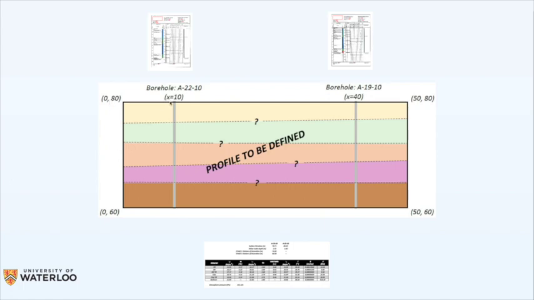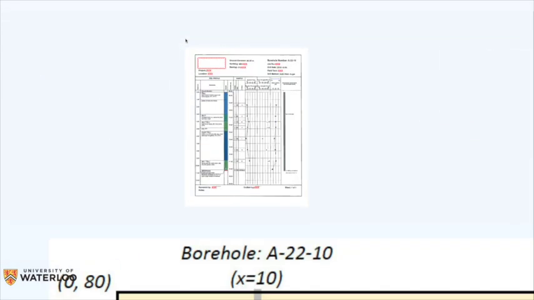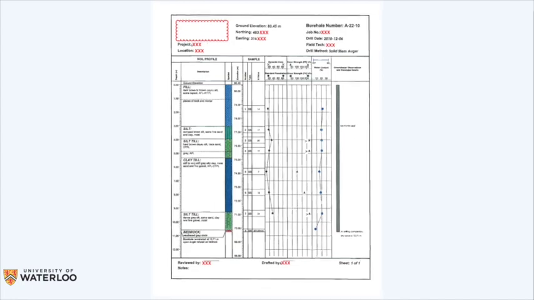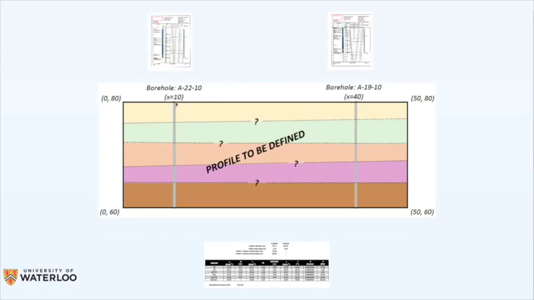But in order to define the real surface, we need to consider the elevation for this borehole and the elevation for this one. You see the elevation in this case is 80.45, so that means 45 centimeters above this surface.